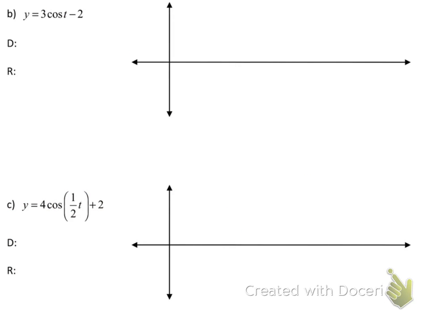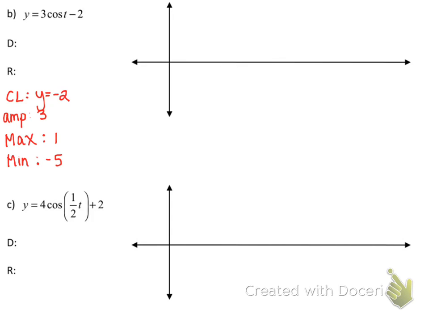Okay, on B, we have a center line at -2 because we went down 2. Our amplitude is 3, so that means our max is going to be -2 plus 3, which is 1, and then our minimum is going to be -2 minus 3, which is -5.